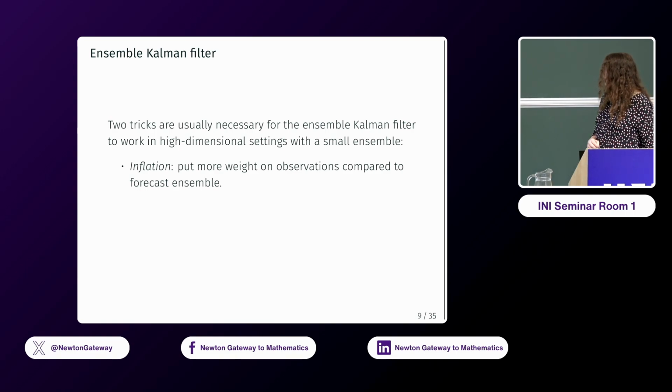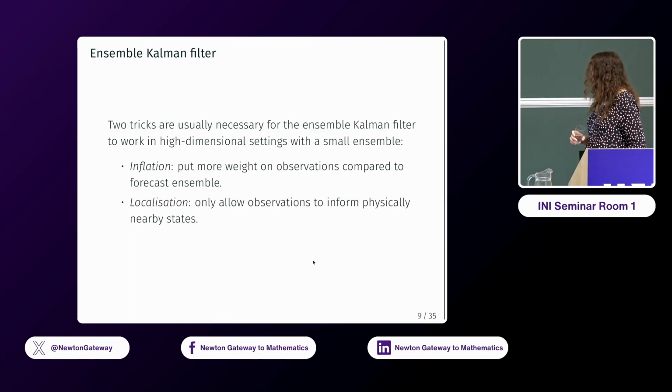I'll just say that we generally need some tricks to make the ensemble Kalman filter work in high-dimensional settings. One is inflation. In general, there will be a systematic underestimation of the covariance matrices due to sampling error. So we need to inflate those covariance matrices. Another is localization, where we only allow observations to inform nearby states, essentially.